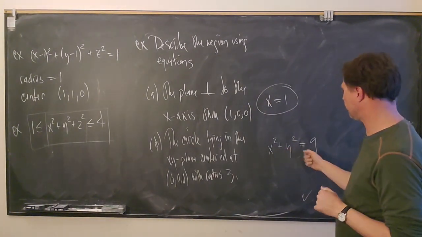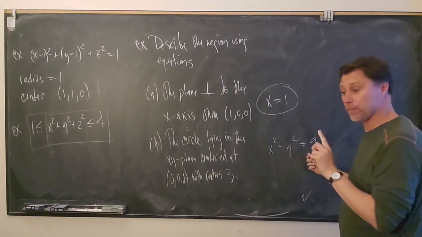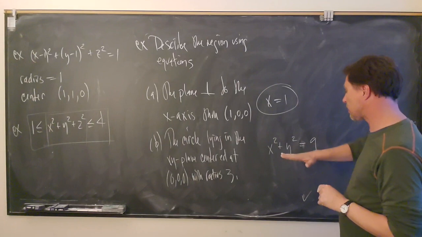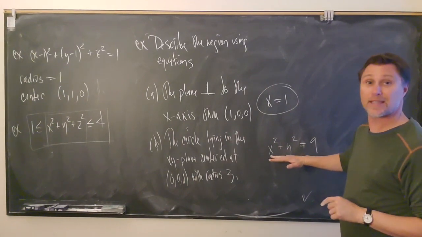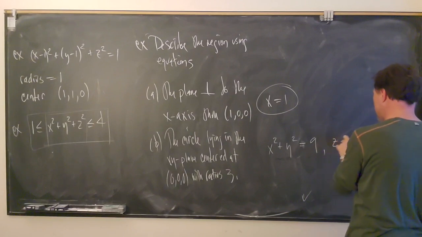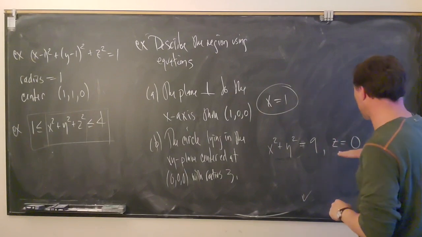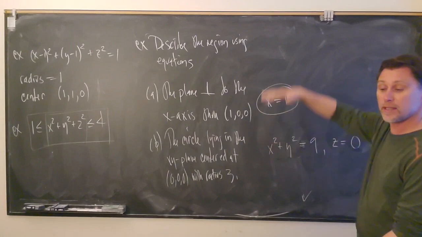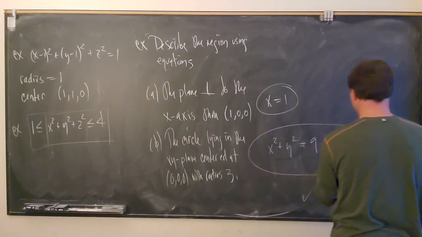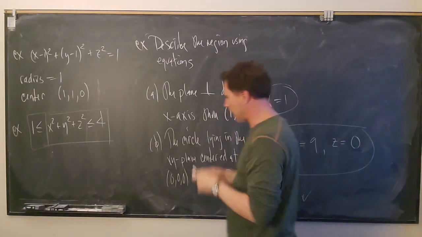In the xy plane. However, we have to remember that we are working in three-dimensional space. And so when we write this, what we really get is a cylinder, unless we say additionally that we require z equal to 0. Now we're lying in the xy plane, so rather than the entire cylinder, we just get this portion right there. So it requires two equations to actually describe that.